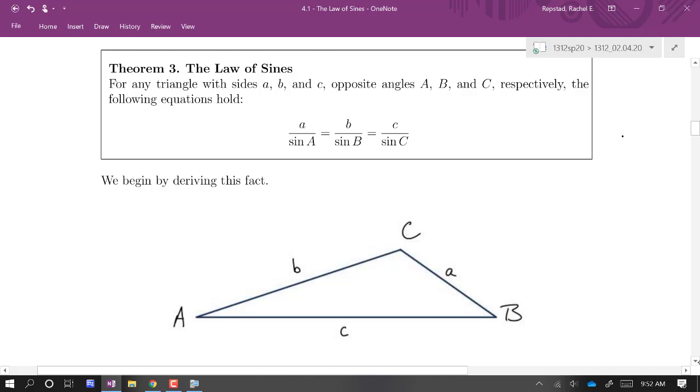We're going to derive this fact first, and we're going to do it by imposing a right triangle on this scenario. How do I make a right triangle here? What could I do? Drop a perpendicular. Brilliant idea, Jacob. Okay.